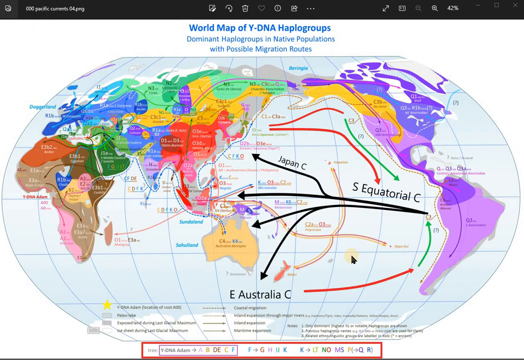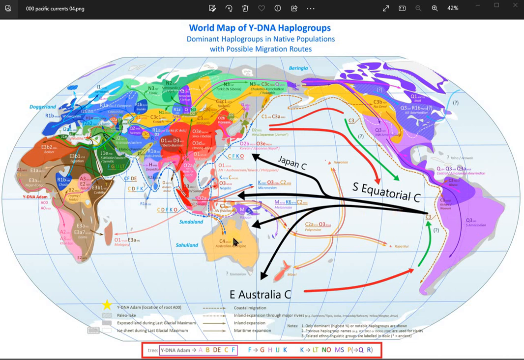As I said, this was a non-scripted video. In this image, which shows the dominant haplogroups, in fact Y-DNA dominant haplogroups all over the world today, I showed this other route out of the Americas that brings Q and hybrids of Q to Australia.